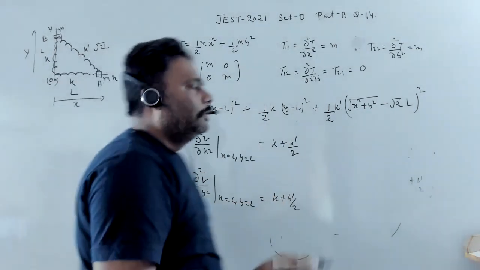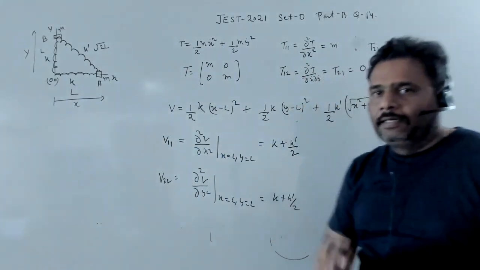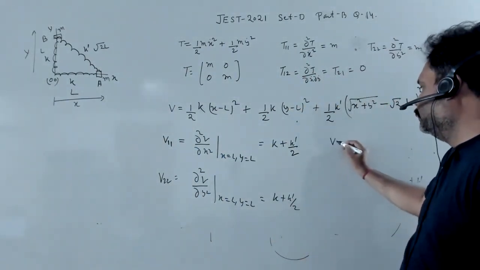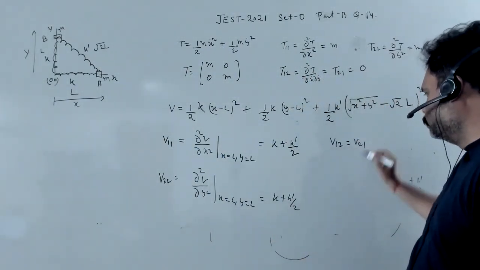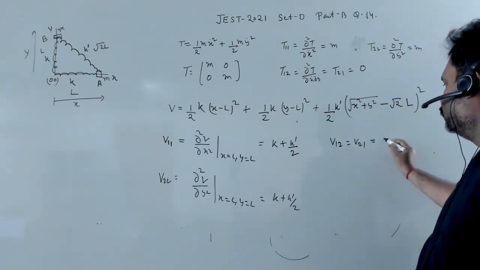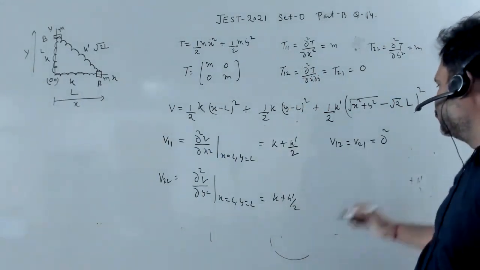Now we have to calculate the off diagonal term. So the off diagonal term V12 is equal to V21, because V is always a symmetric matrix.